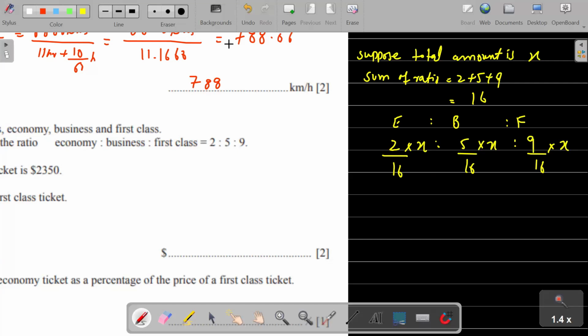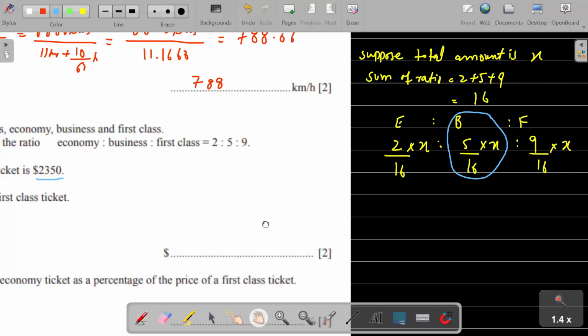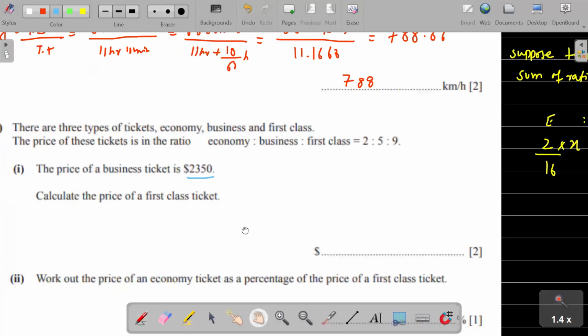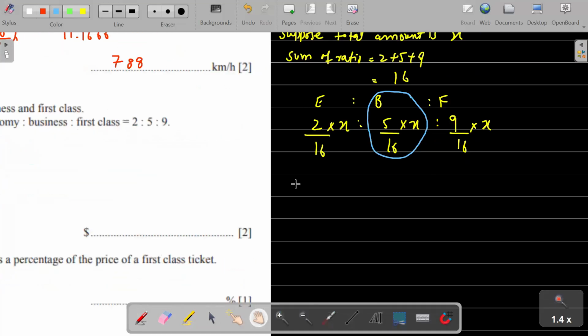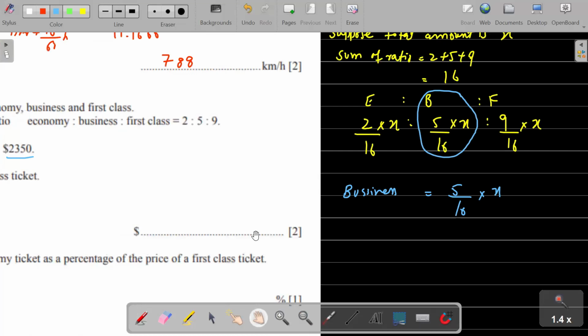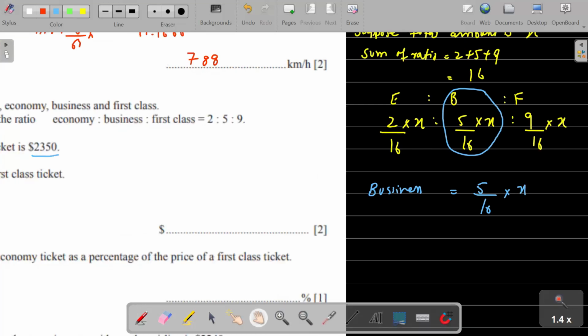Now it says that the price of a business class ticket is $2350. It means that from here I can figure out my value: 5 by 16 times x is equal to $2350.